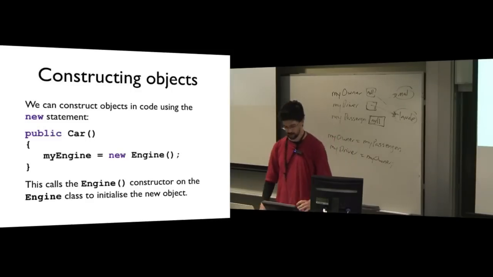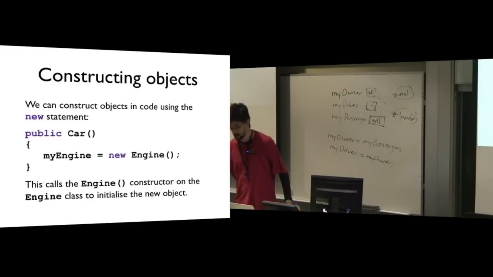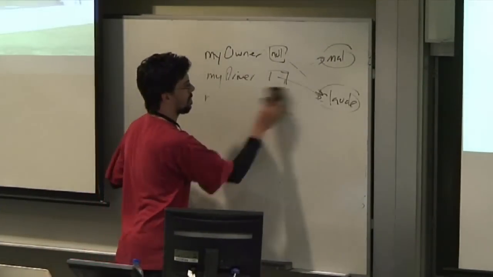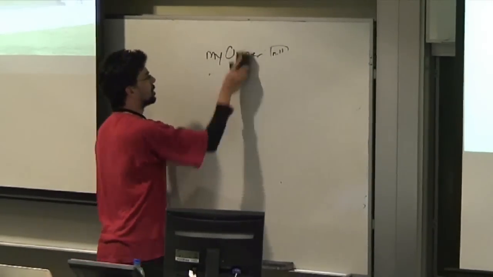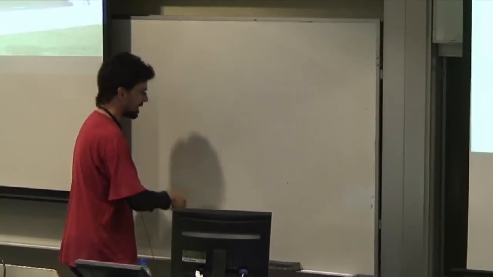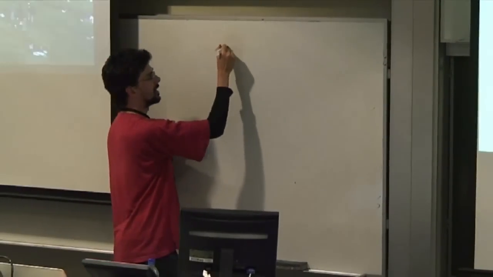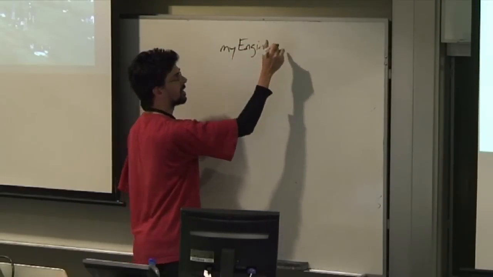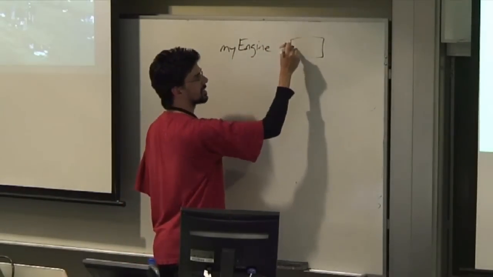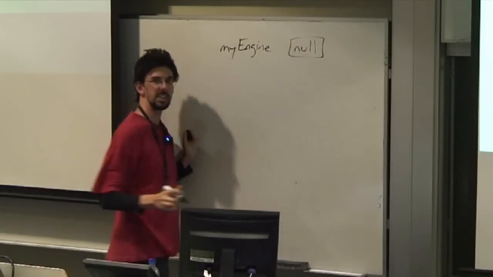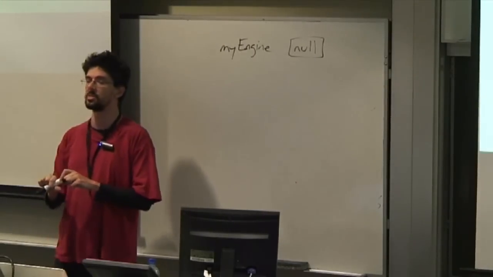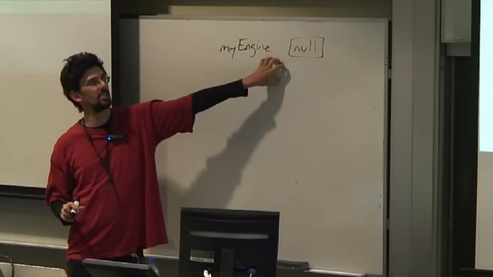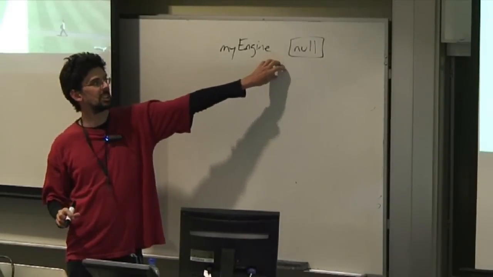Remember that I said when we create a field, it's normally initialized to a 0 value. When we create a field that's an object, it's initialized to null. So that's the default empty value for an object. So initially, when we first create our car, my engine is null.